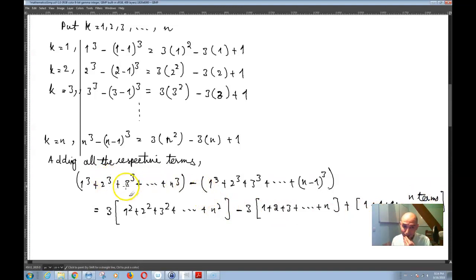Now over here you can see that you have 1 cube minus 1 cube, 2 cube minus 2 cube, 3 cube minus 3 cube. So all of these terms will be cancelled out. And of course here you have n minus 1 cube, so here you will get n cube.